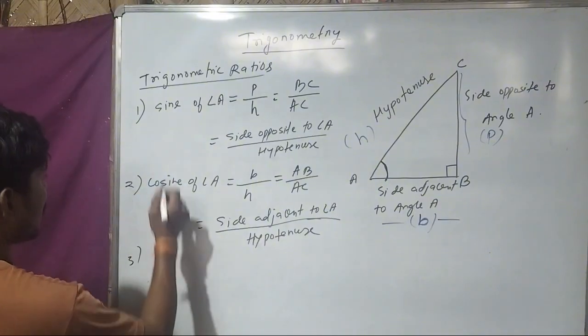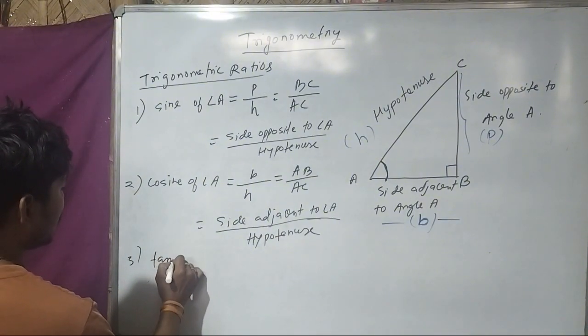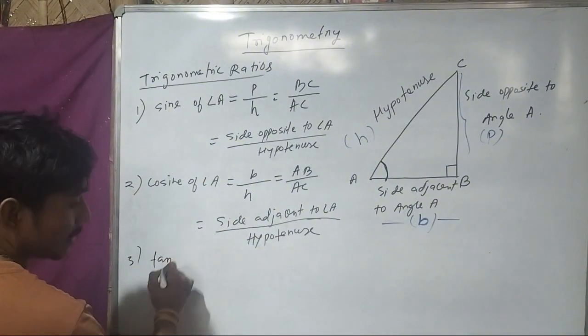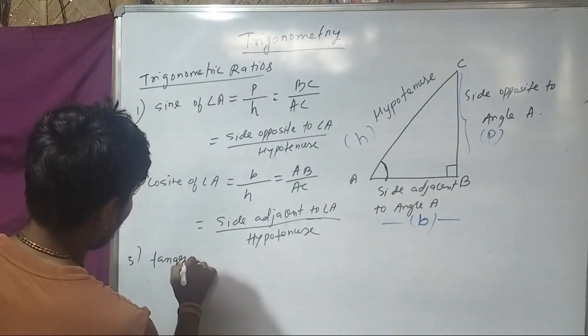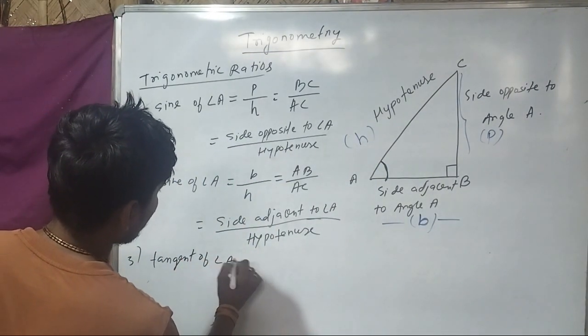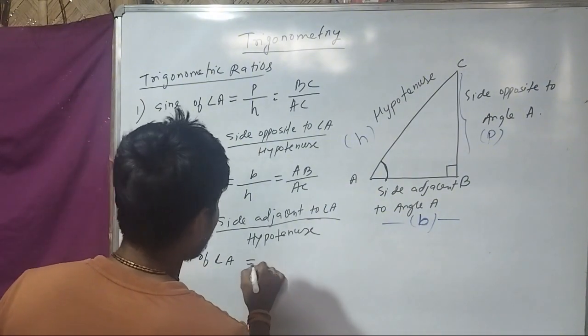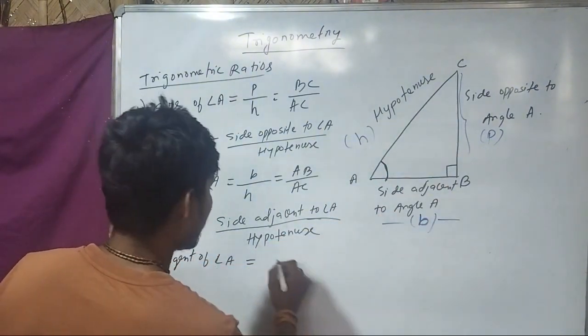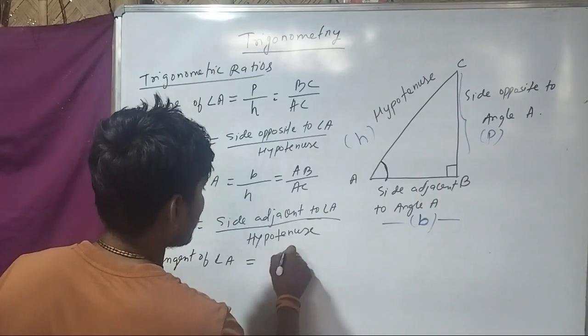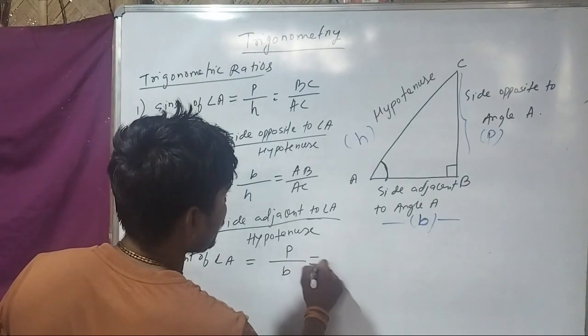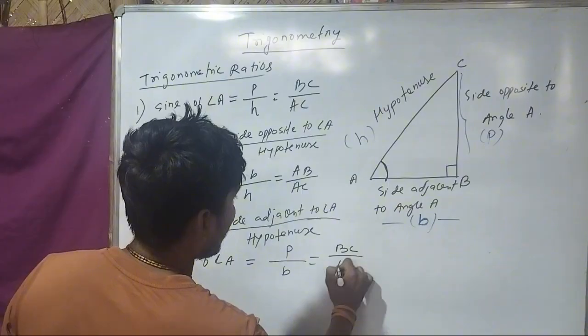Number 2, you can write sine, cos, tan. Tangent of angle A, in short we say tan. Tangent of angle A means perpendicular by base, that is BC by AB.